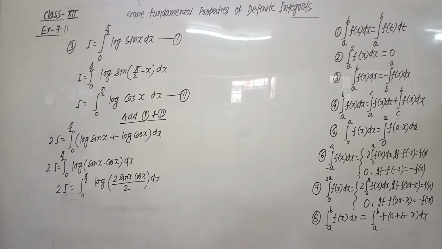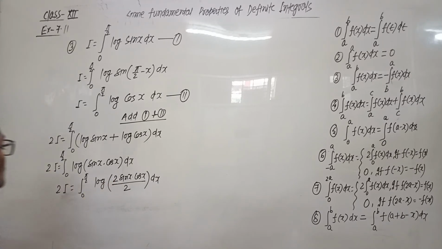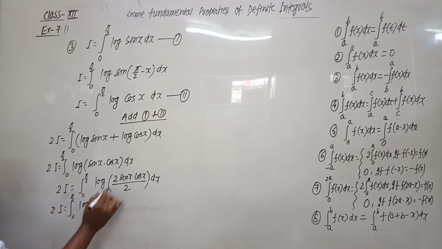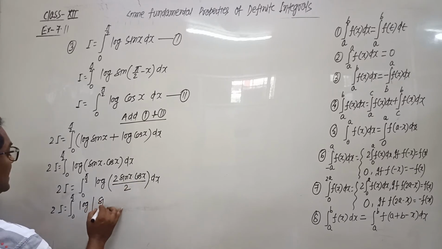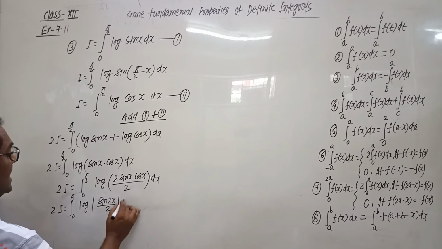It becomes sin 2 theta. To make its formula, we multiply and divide by 2. So we get 2I equals to integration 0 to pi by 2 log, this becomes 2 sin x into cos x, sin 2x upon 2 and dx.